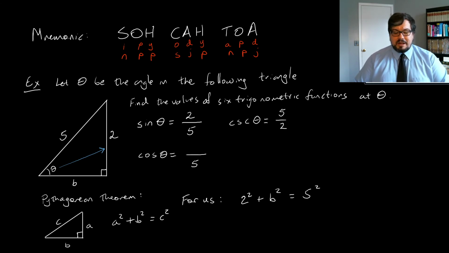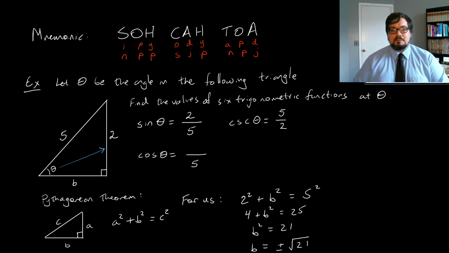Well, this we can work out. 2 squared is 4, 5 squared is 25, so we get that b squared is equal to 21 after subtracting 4 from both sides. And so b would be equal to plus or minus the square root of 21.